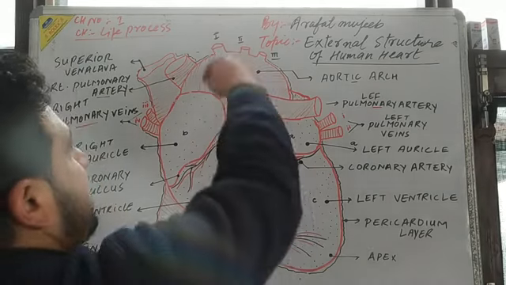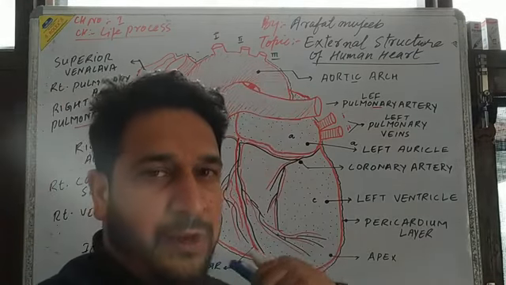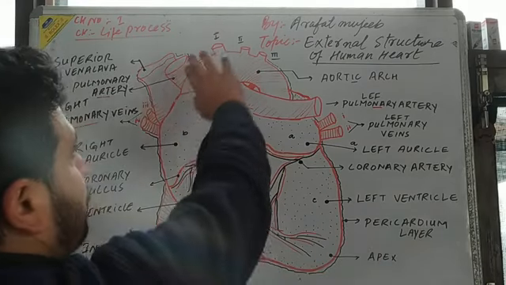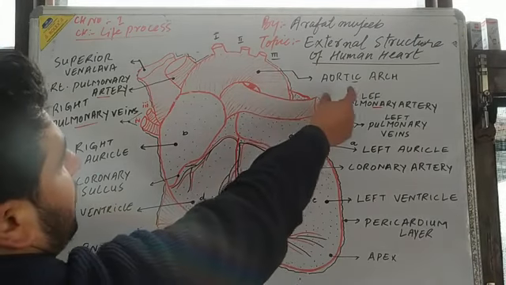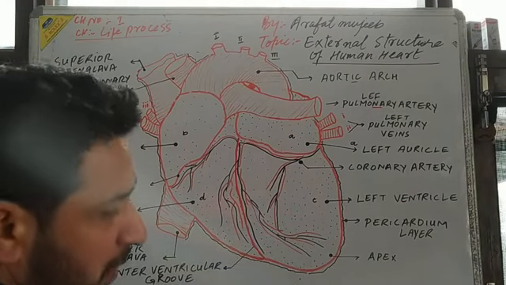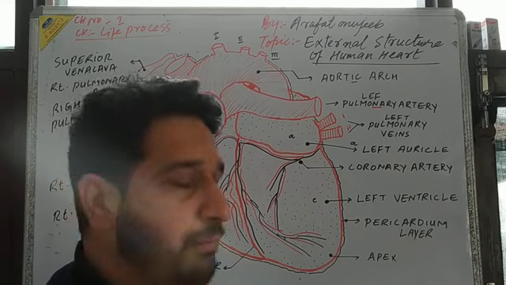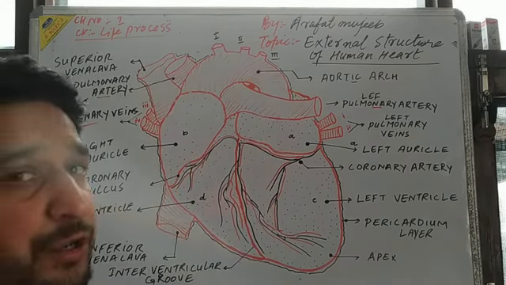Coming out of this, they go up the neck and go to the head and to the left arm and right arm, and then to the limbs. Then the aorta goes down, to the thorax, to the abdomen, to the lumbar region, to the limbs. It goes downwards, and later on it is known as the aortic trunk.